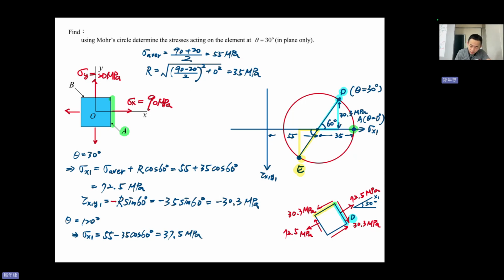So you have positive tensile stress in plane E, 37.5 MPa, and 37.5 MPa on the other side. Simple as that. Everything is just junior high school standard. Once you get the concept, you will know that. Very good.